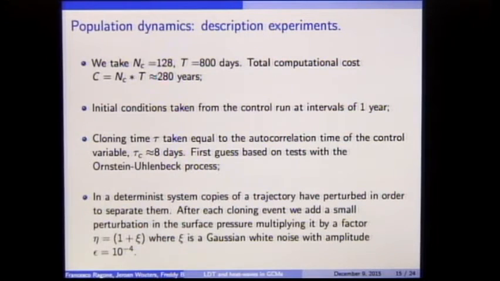And then, as you were saying, we have to add some noise, some perturbation after the cloning time to separate the trajectories. This is done by adding spatially uncorrelated Gaussian white noise over the surface pressure in a multiplicative fashion, with a relative magnitude of 10 to the minus 4.